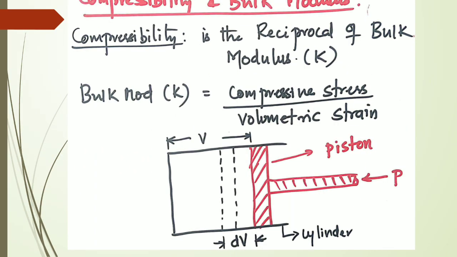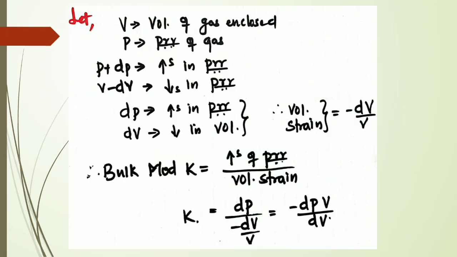So I told you, for a substance that is difficult to compress, there is a large bulk modulus but a small variation in compressibility, same thing. So let V be the volume of gas enclosed, let P be the pressure of the gas, and let P plus dP be the increased pressure, where V minus dV is the decreased volume.